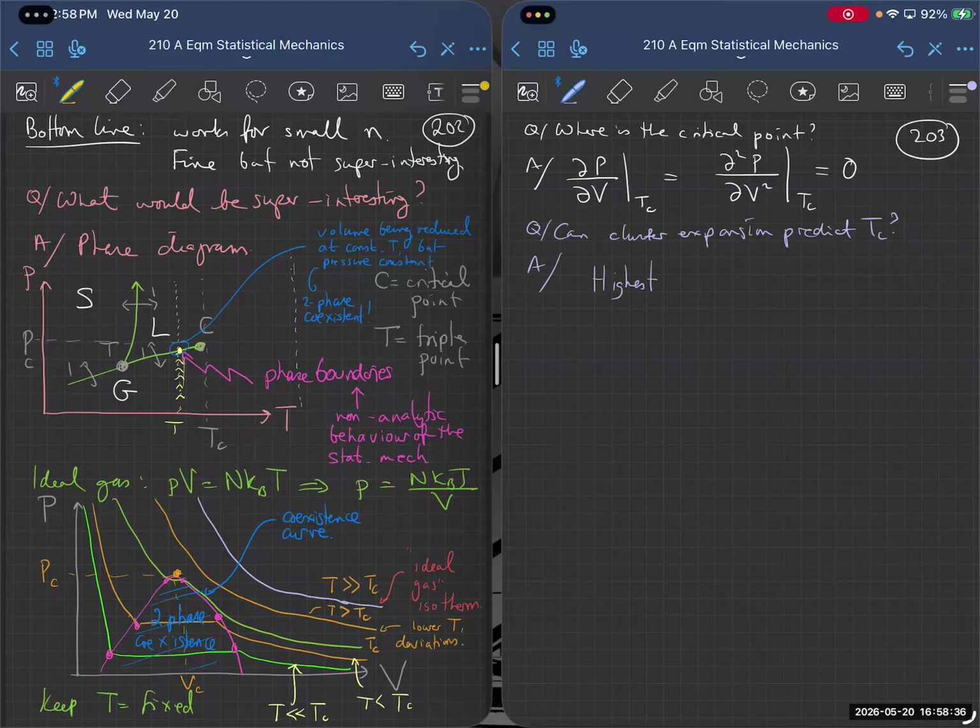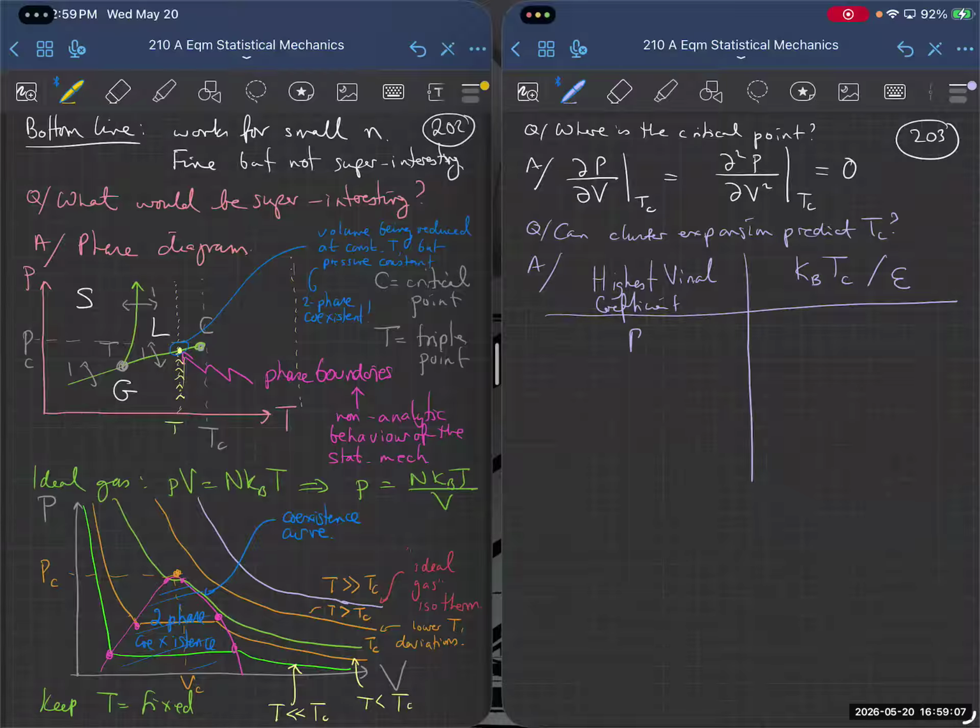Here is the highest virial coefficient that I go to. And then here I'm going to write down the value of kBTC, but that's not dimensionless. The only energy in the problem is the binding energy of the Lennard-Jones 6-12 potential, which we've called epsilon. So kBTC over epsilon is a pure number.